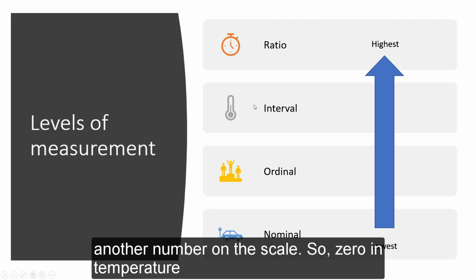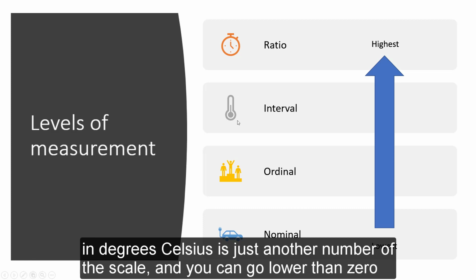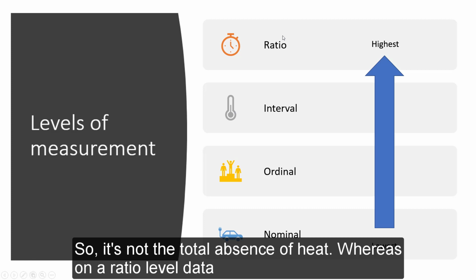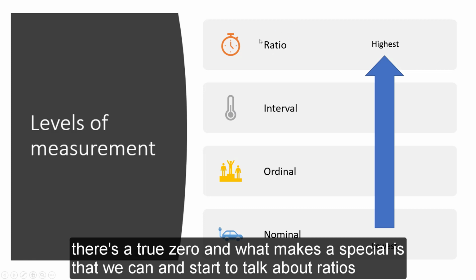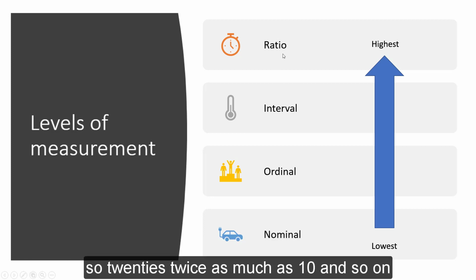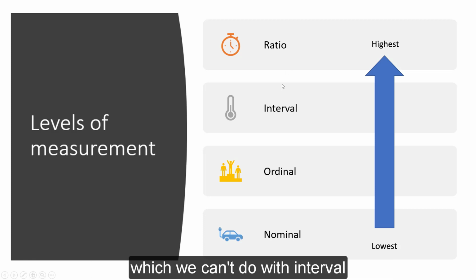So 0 in temperature, in degrees Celsius, is just another number on the scale. You can go lower than 0, so it's not the total absence of heat. Whereas with ratio level data, there's a true 0. What makes that special is that we can then start to talk about ratios. So 20 is twice as much as 10, and so on, which we can't do with interval.